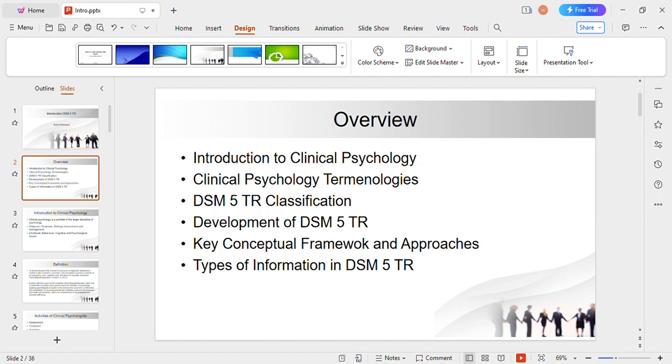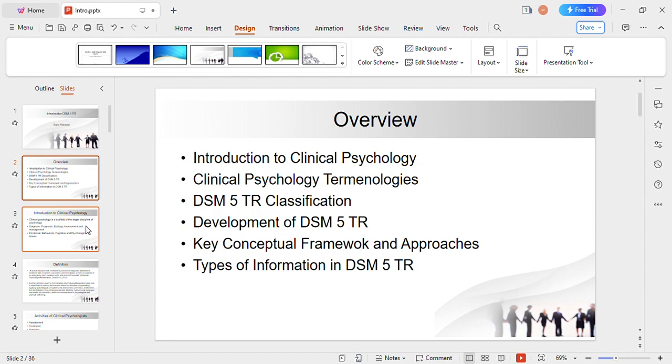So after having an overview of clinical psychology and terminology, we shall be covering all three sections, and what changes have been made in DSM-5 overall. So this is the overview of today's lecture.